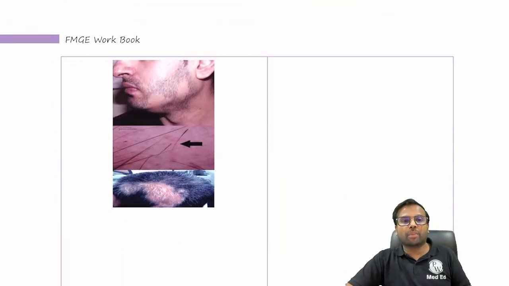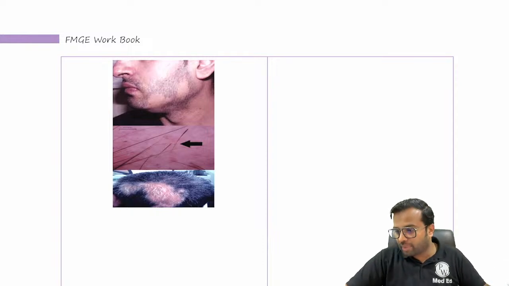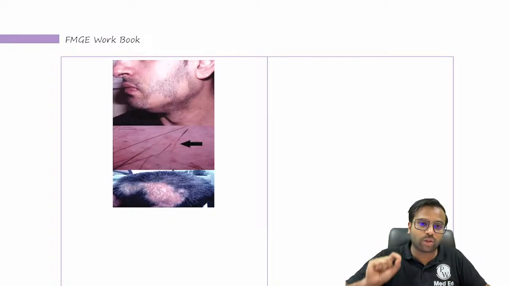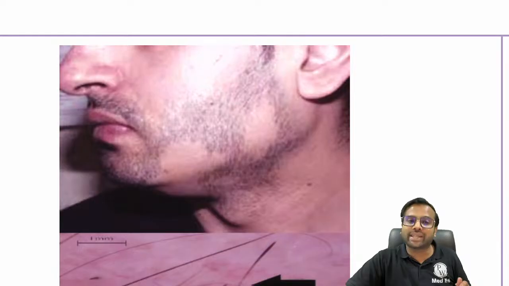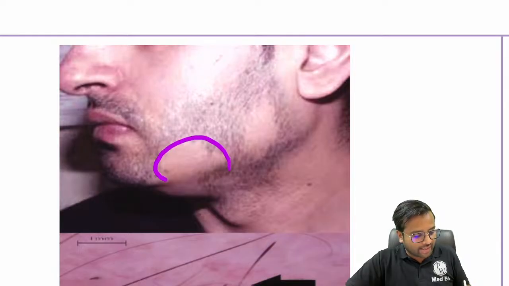Okay, so let's see this one. I'm getting some of the answers in the chat box now. Excellent. Because what your eyes should be able to see on the day of the exam is that if you get an image like this, there is an area of alopecia here.